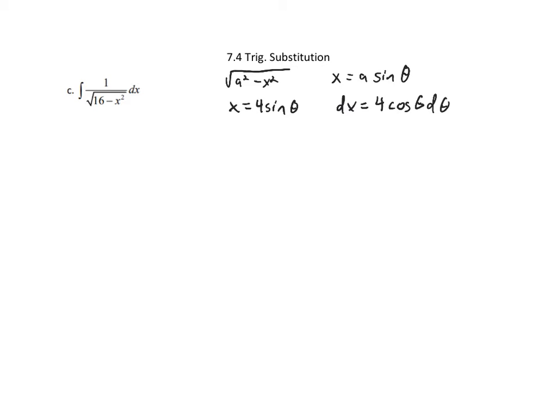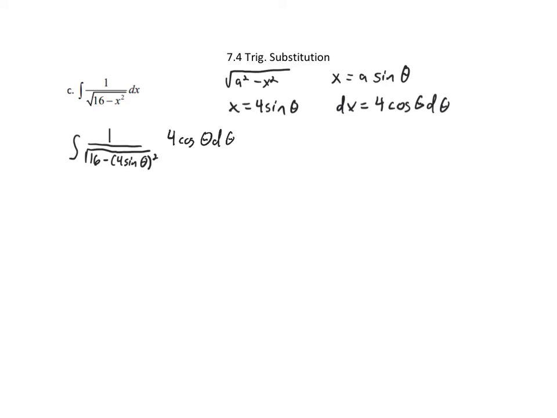Let's input those for x and dx. We would rewrite this as 1 over the square root of 16 minus 4 sine theta squared, and then we'd replace dx with 4 cosine theta d theta.